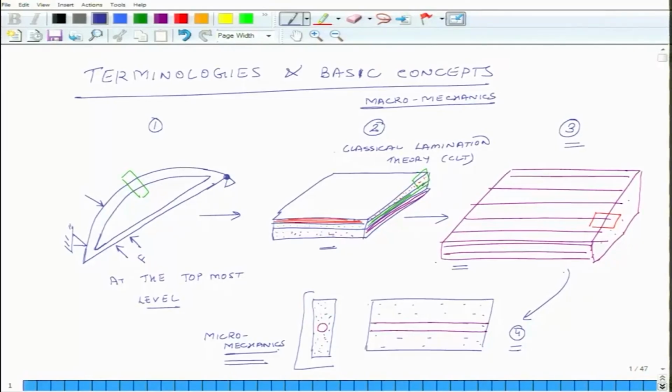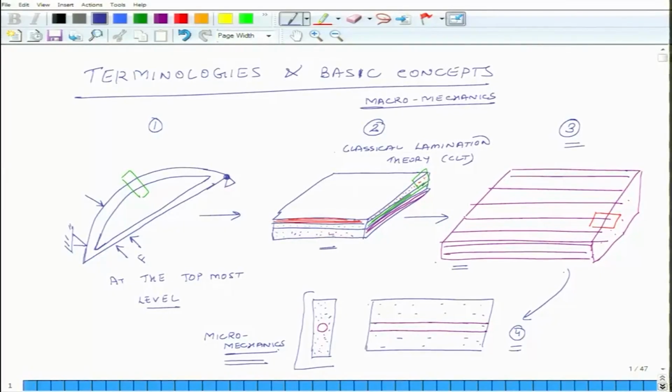Classical lamination theory basically tells us how rectangular plates of a structure behave when they are subjected to external forces and constraints.